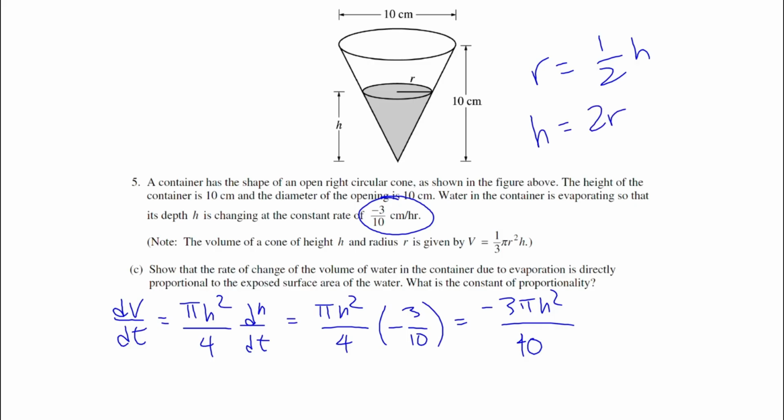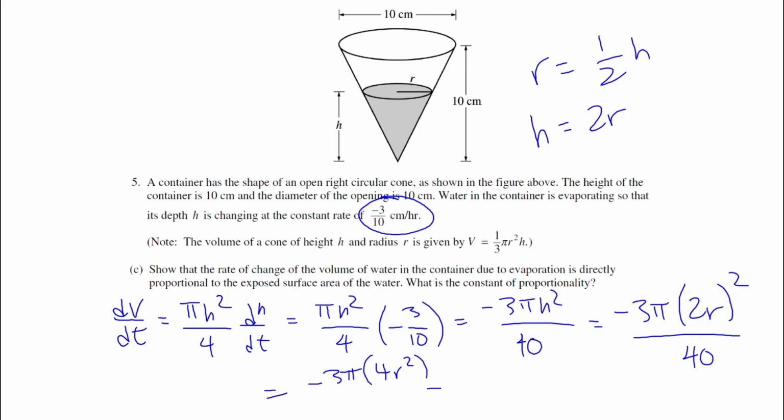So if I replace the h with 2r, we end up with -3 pi of 2r squared over 40. Well, that is -3 pi times 4r squared over 40. And of course, the 4's can cancel out, and we have now -3/10 times pi r squared.